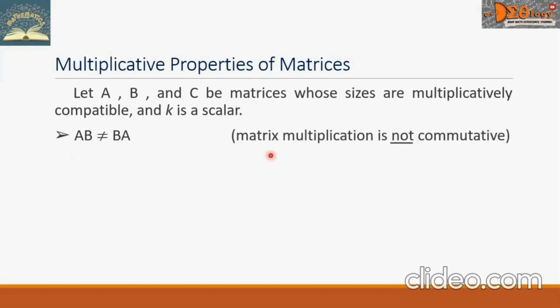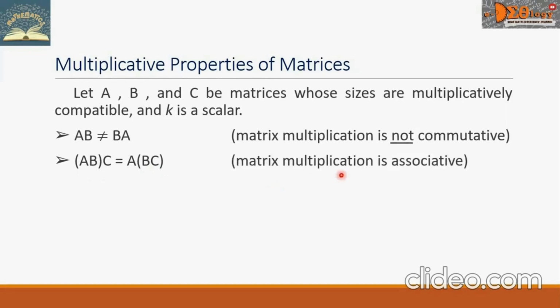We say that matrix multiplication is not commutative. Second property, the product of AB times matrix C is equal to matrix A times the product of BC. Now, matrix multiplication is associative.